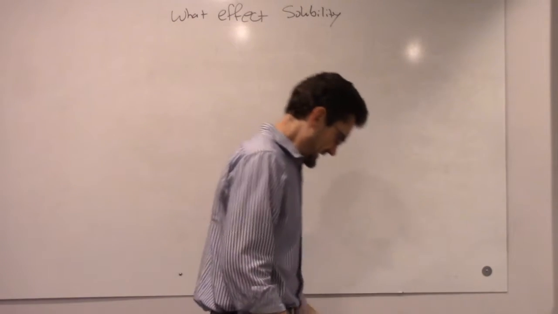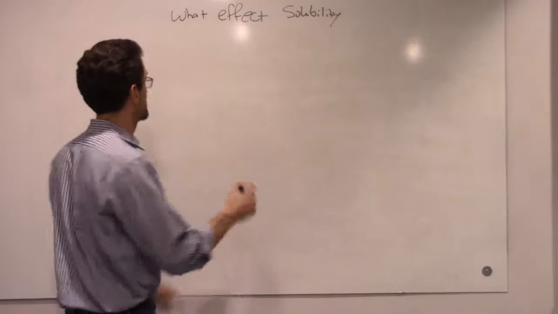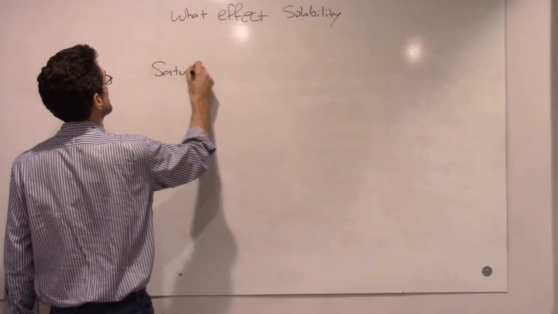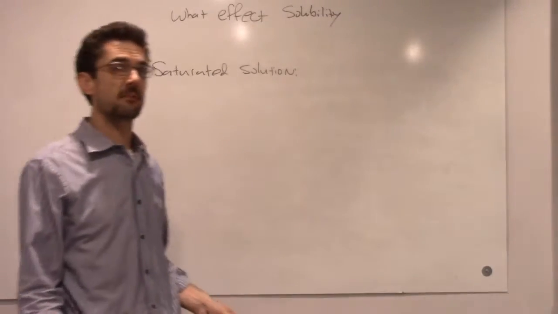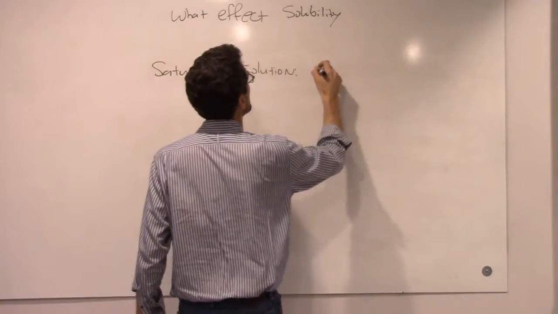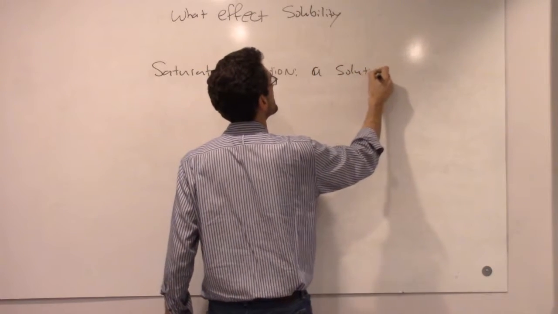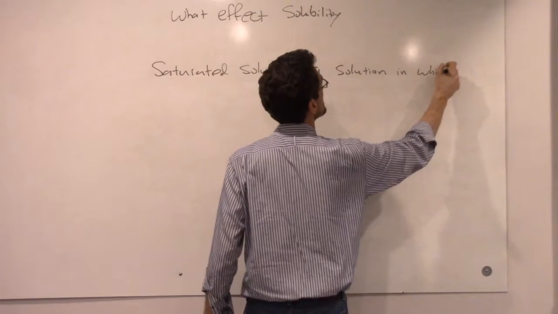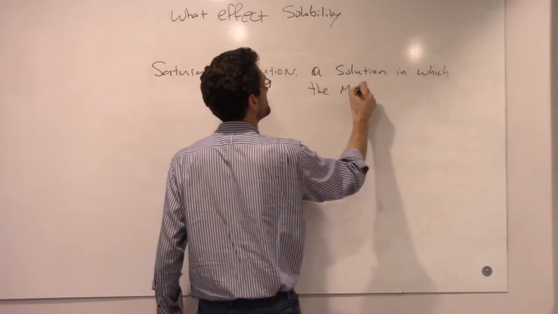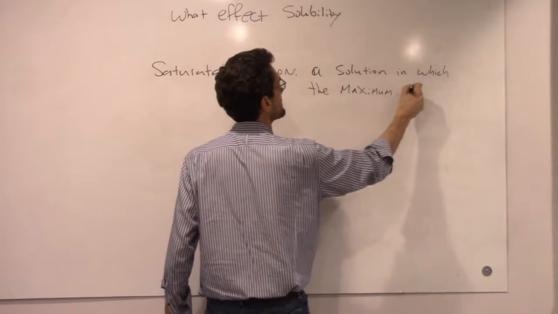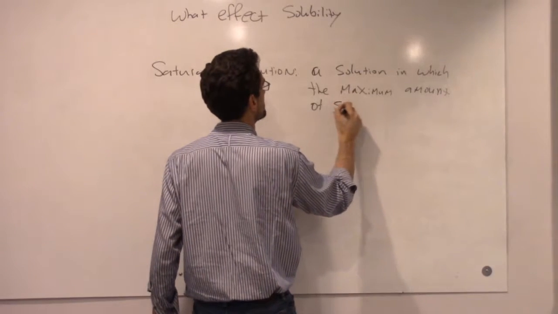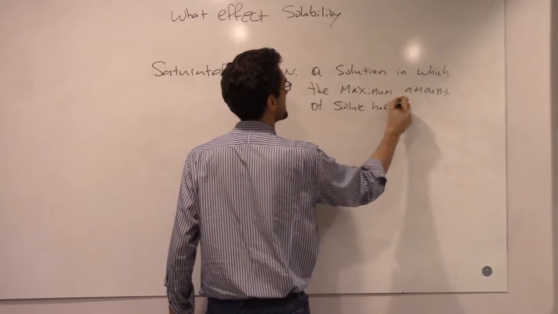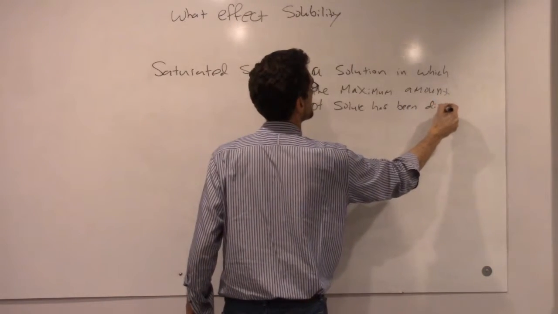Alright, we defined solubility, and now we need to talk about what a saturated solution is. A saturated solution is a solution in which the maximum amount of solute has been dissolved.